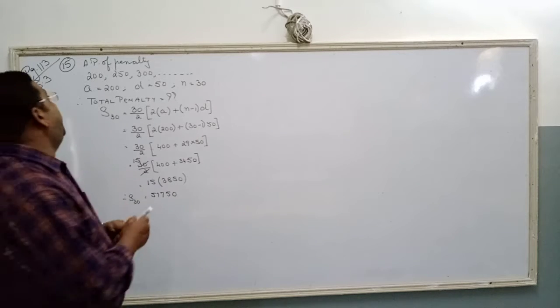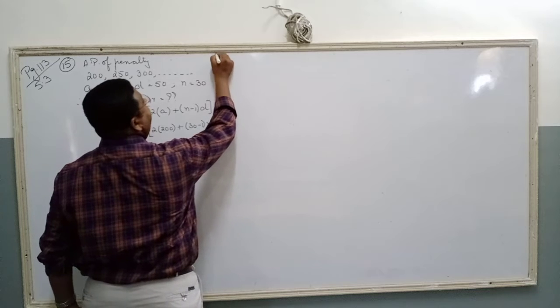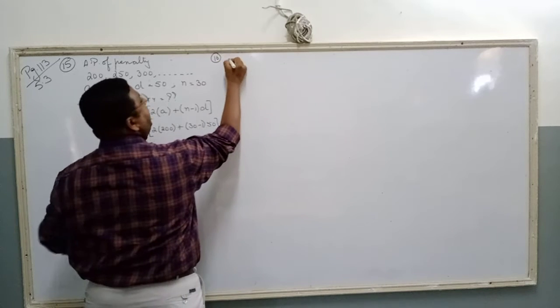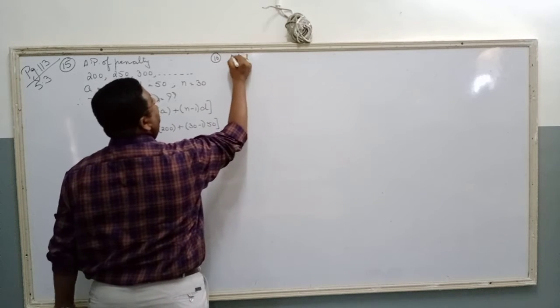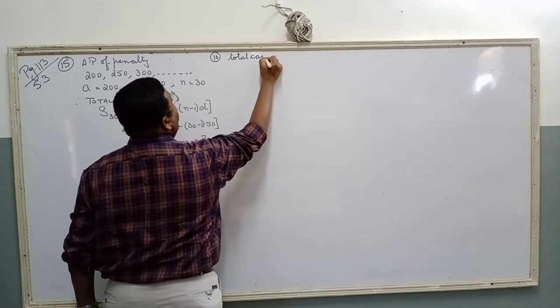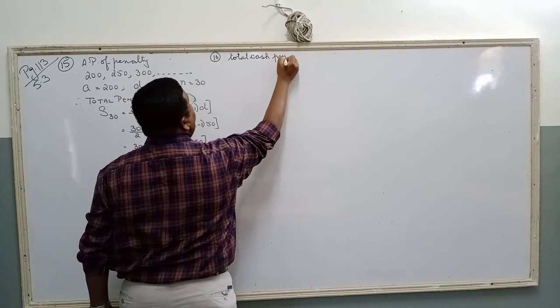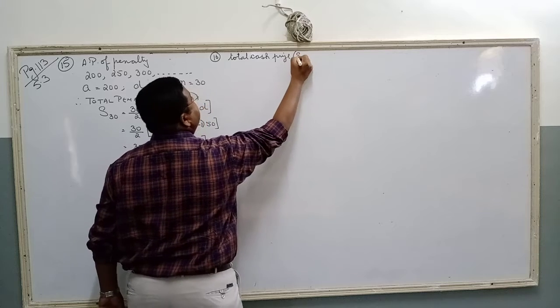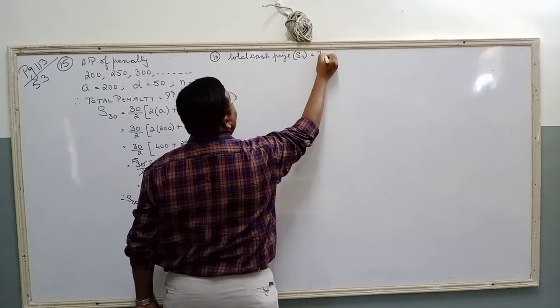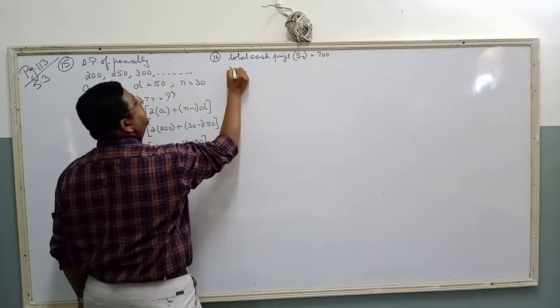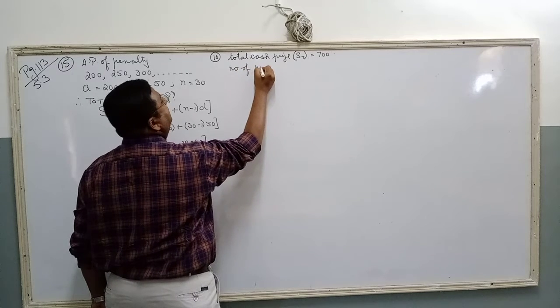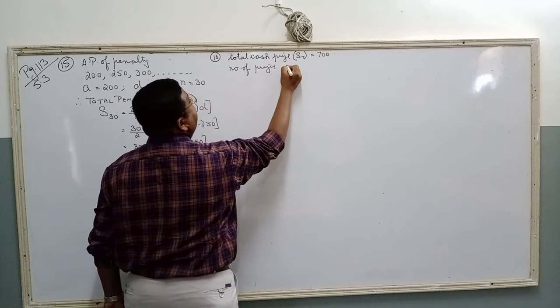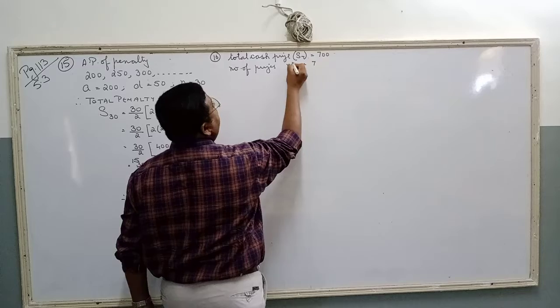How much was the amount? 700. Total cash prize, that is S7 is equal to rupees 700. Number of prizes, that is N is equal to 7.